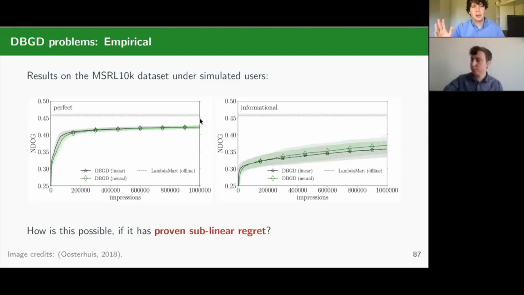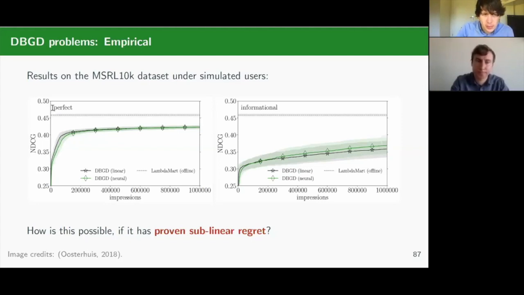In practice, you would never be able to do this, but here we can calculate the skyline, what's optimally possible. We saw this before where we called it the oracle. And we see a really large gap between dueling bandit gradient descent and this oracle method. So what's really possible on a data set.